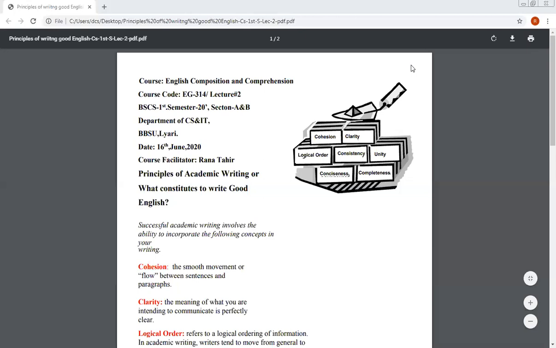Students, in the last class, we studied one of the most important topics of this course, and that was development of a paragraph and process writing.